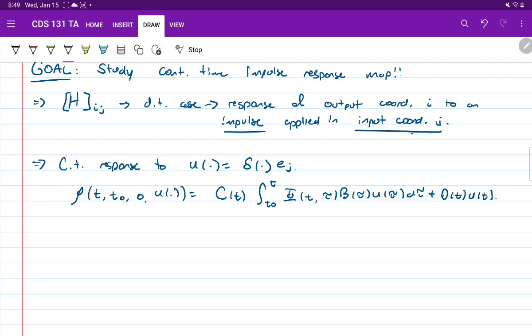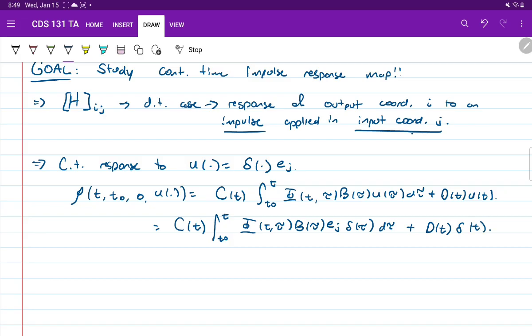So if I just go ahead and plug in this delta e_j, what do I end up getting? Well, I get that this is equal to C of t, integral from t naught up until t, of Phi of t, tau, B of tau, times e_j, times delta of tau, remember, just notation, right? d tau, plus D of t delta of t, okay?